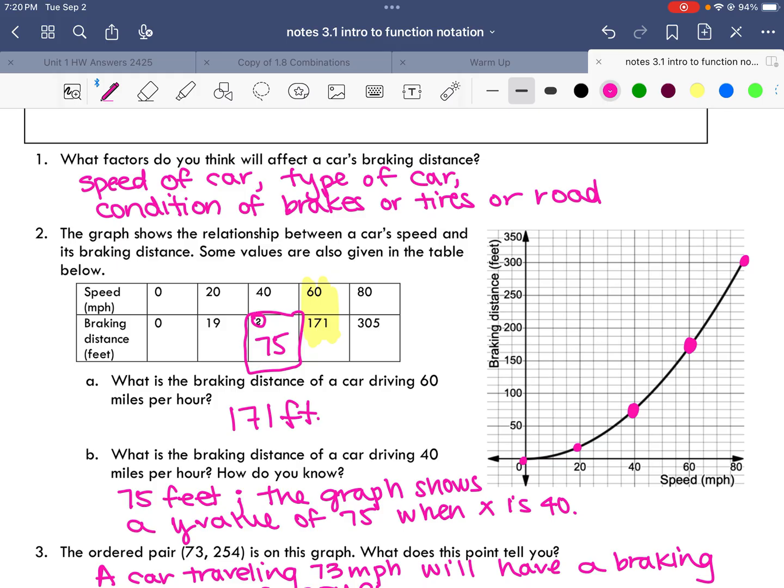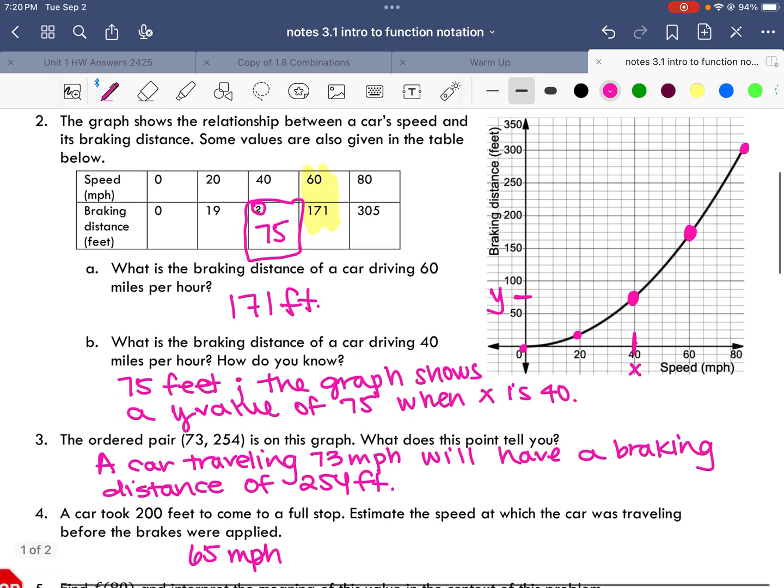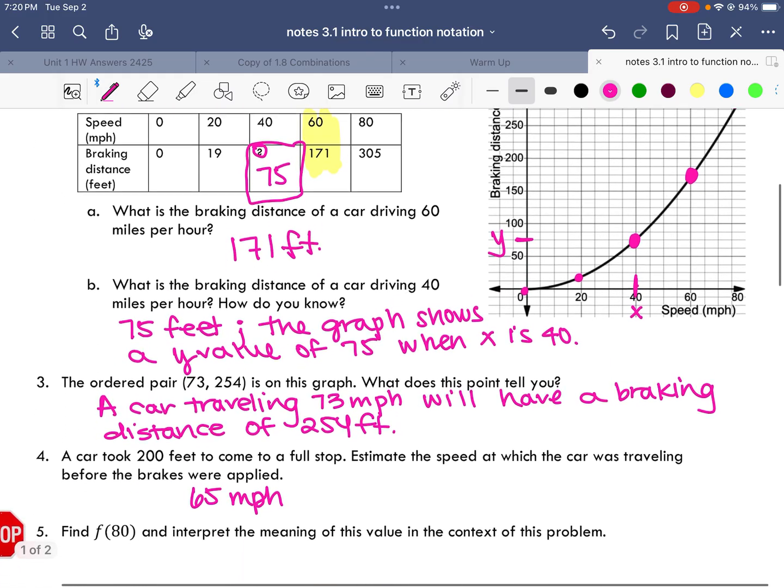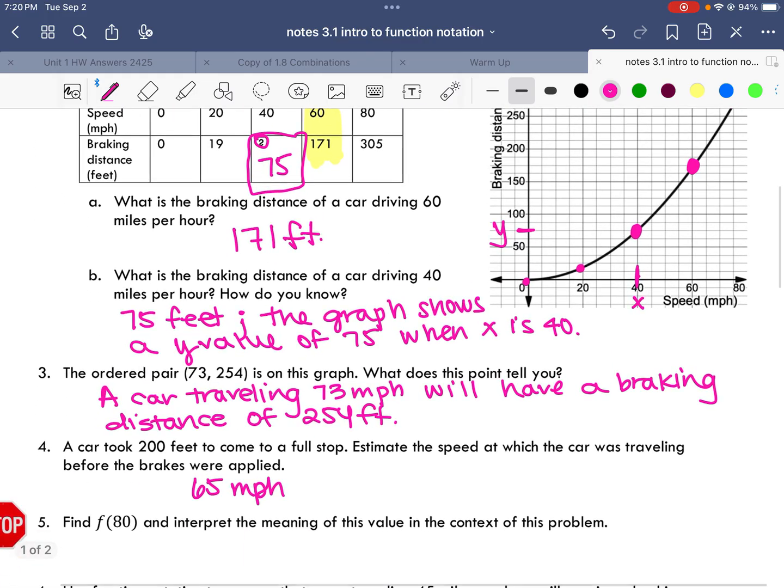How do you know? I know because the graph shows the Y value is approximately 75 when the X value is 40. That's a really important thing to understand. This horizontal axis is X, and this vertical axis is Y. So then it says, what does this ordered pair 73, 254 represent?